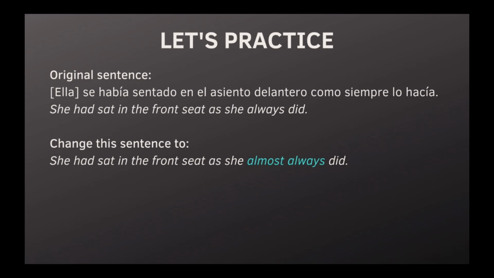Ella se había sentado en el asiento delantero como siempre lo hacía. So can you change the sentence to she had sat in the front seat as she almost always did? Almost always. Casi siempre. So put the whole sentence together.